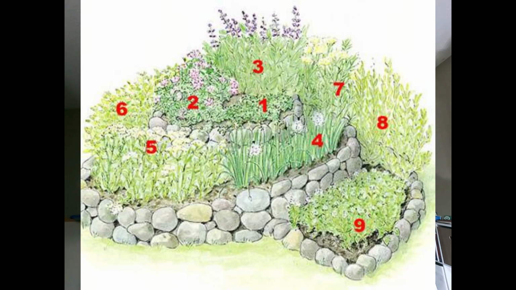Okay. And then we have our design zones. Zone one is right outside your door, your back door. Everything that you want to be accessible as close to your home as possible, your fruits, your vegetables, your herbs.